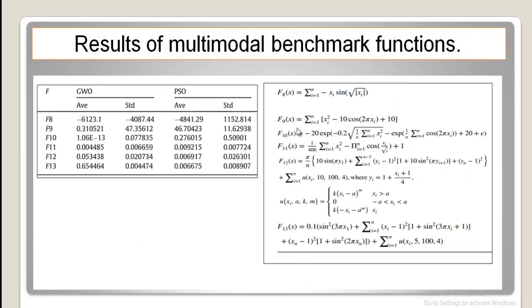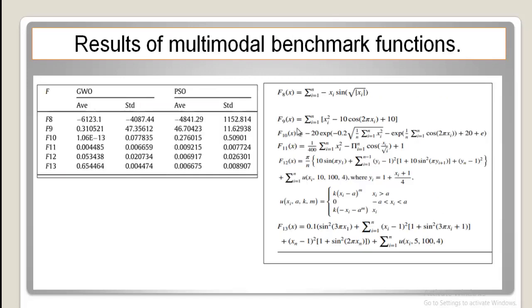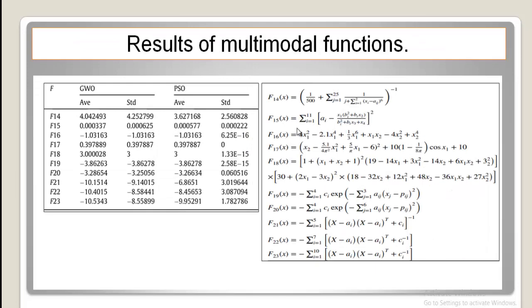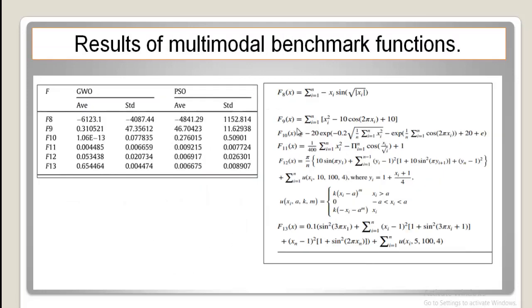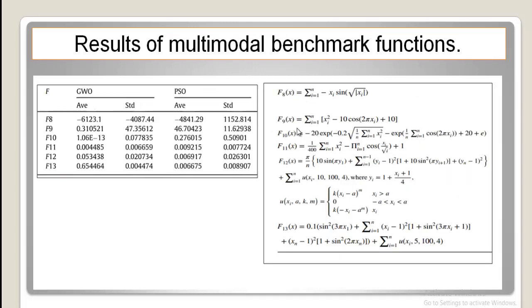Lower average values are typically better, indicating that the algorithm was more successful at finding the global minimal value of the function, and the standard deviation reflects the variability in the results obtained by each algorithm, with lower values indicating more consistent performance.